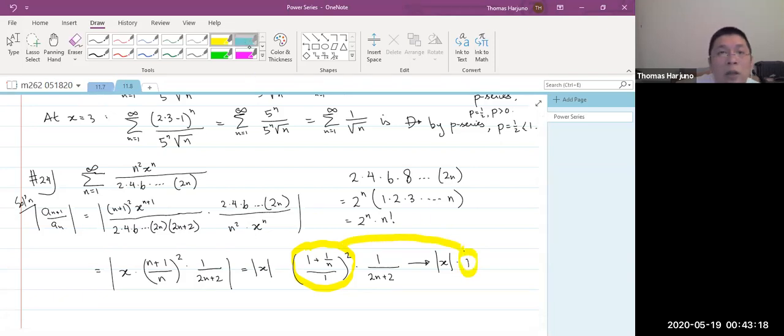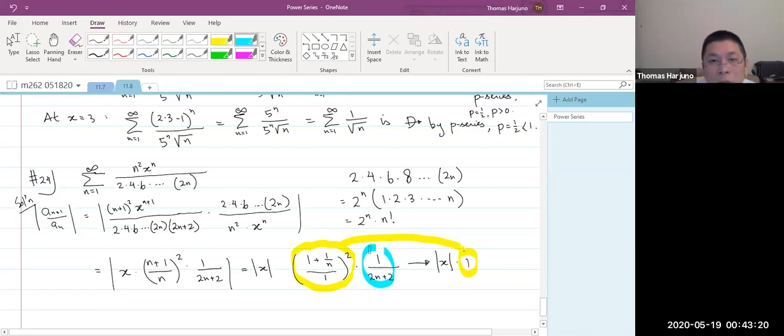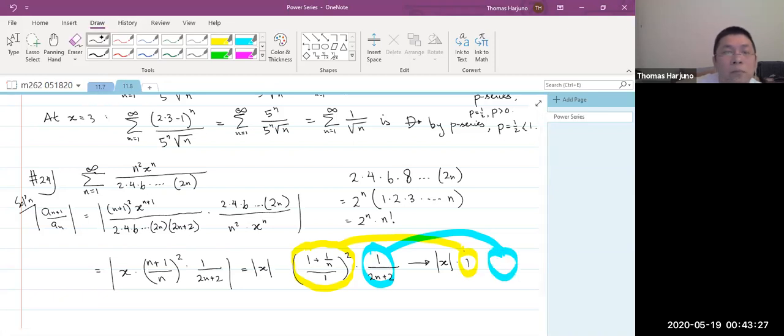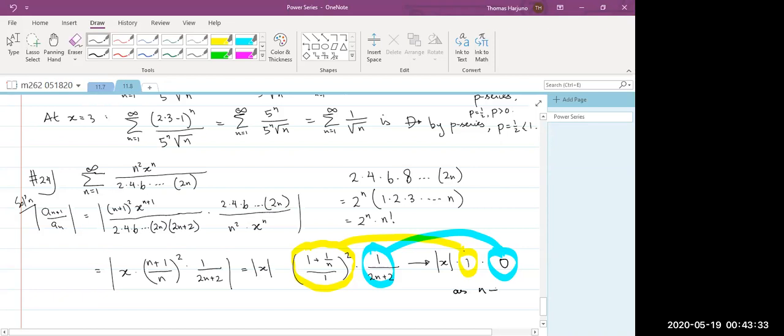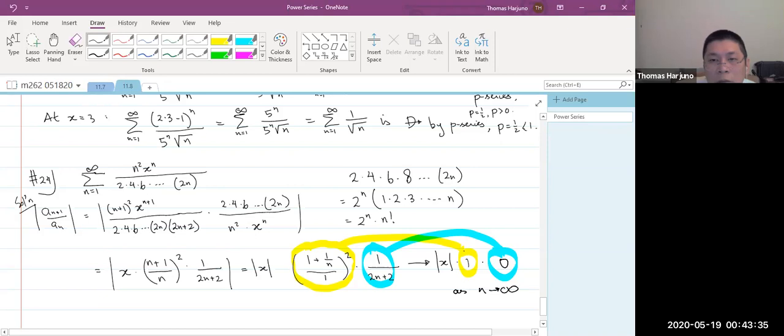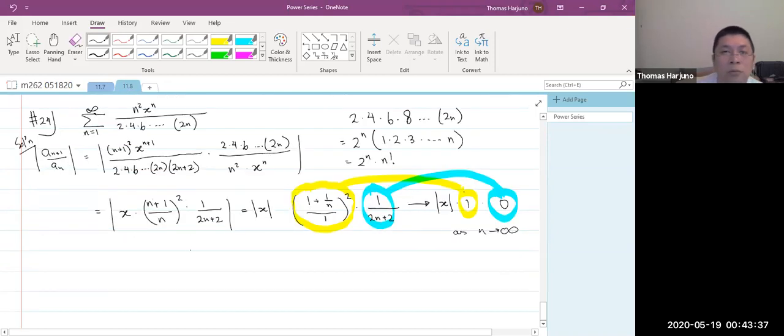How about this guy? When n goes to infinity, what will that be? Zero, right? As n goes to infinity. Now then the whole thing will be equal to 0, is it right?